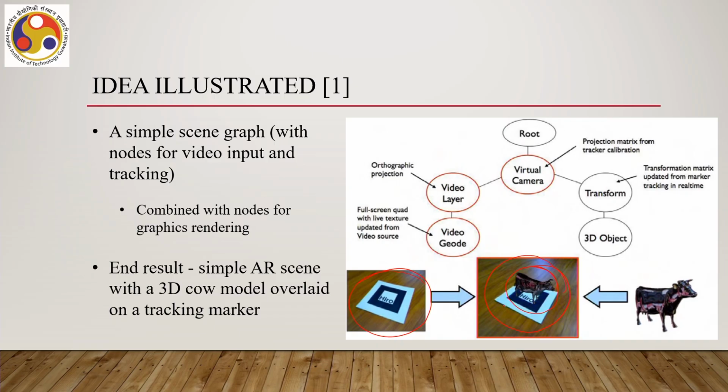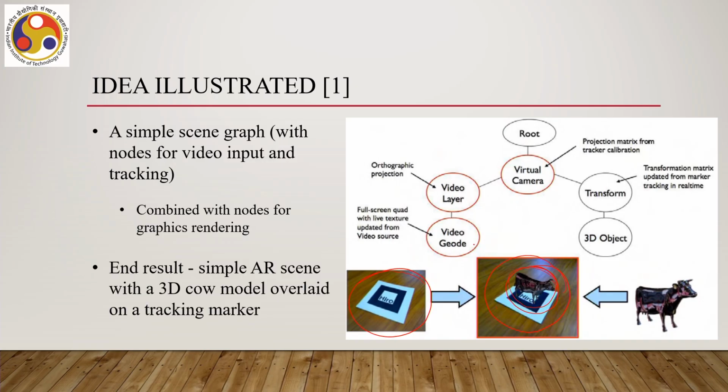So, then it involves two parts: tracking, that is recognizing the marker and its position, and then 3D registering, that is creating and rendering the cow on that position. So, these operations can be taken care of by combining AR toolkit and OSG or VSG, its successor.